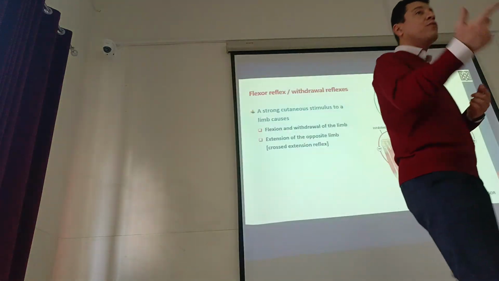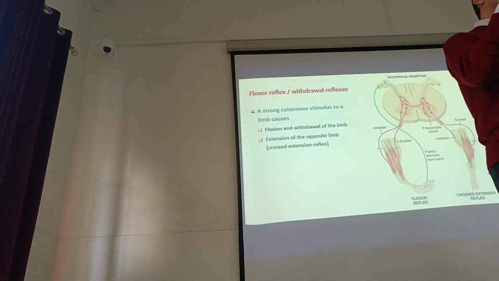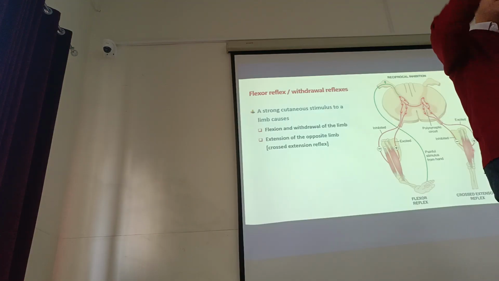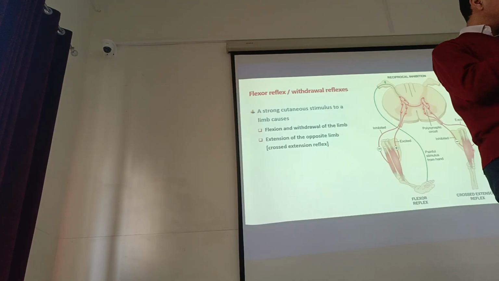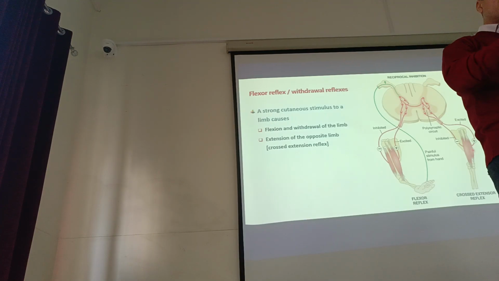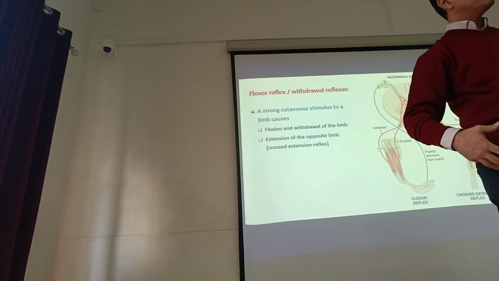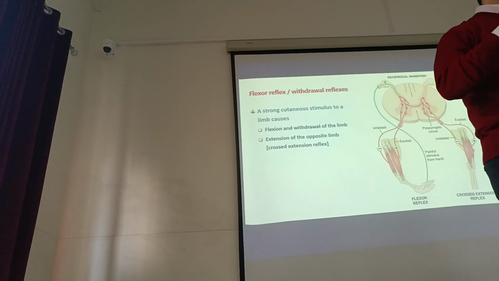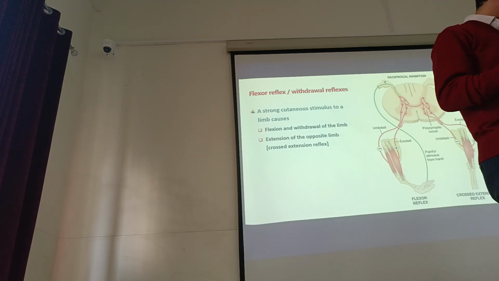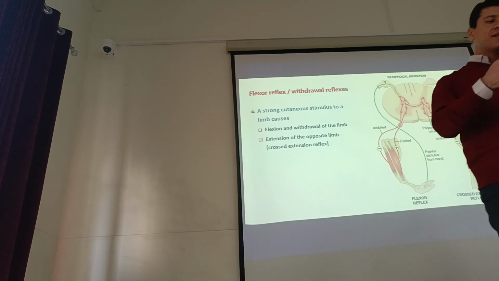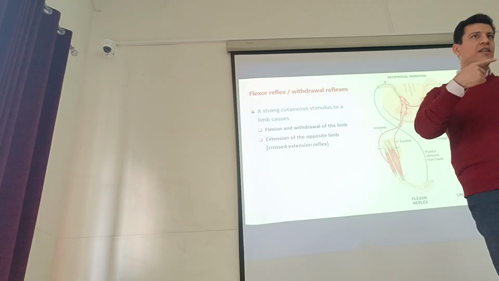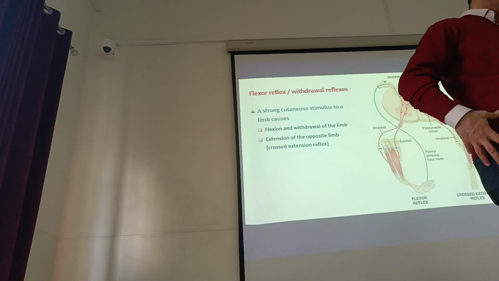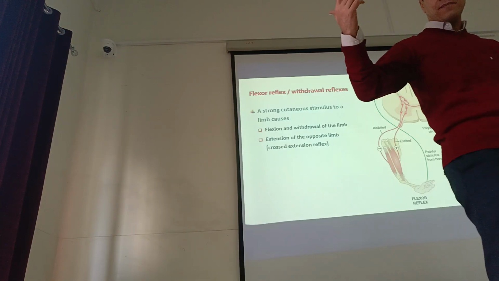And remember from our previous session that we had three types of organization in the spinal cord: segmental, propriospinal, and descending, right? For the spread of the signal from the leg to the arms, we need propriospinal neurons. So propriospinal neurons that connect several segments together are involved in this spread of signal from the legs to the arm, right?